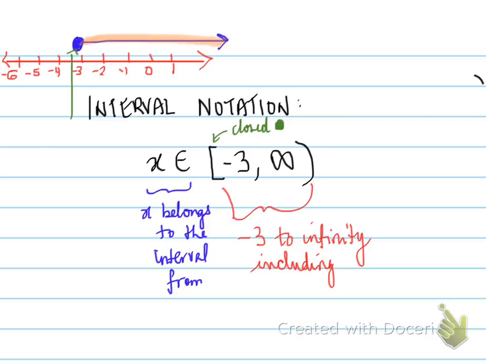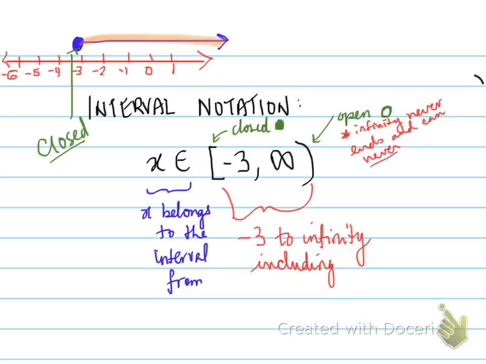And infinity will always have a round bracket. Also, a round bracket would imply there's an open circle, so one or the other. In the case of infinity, though, because it never really has an end, we use a round bracket. It can never, ever be square at infinity.